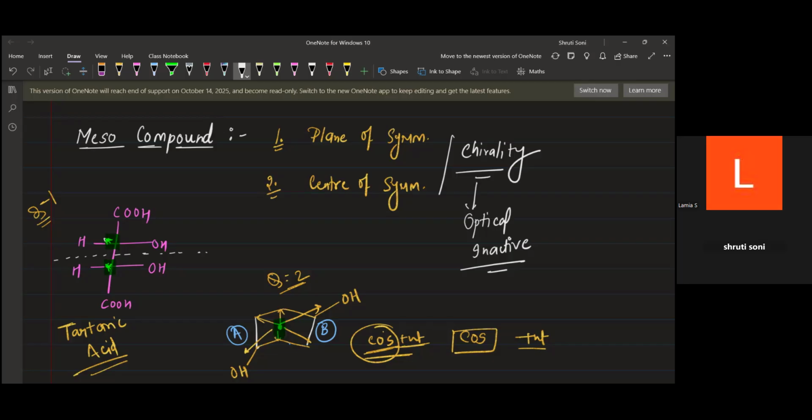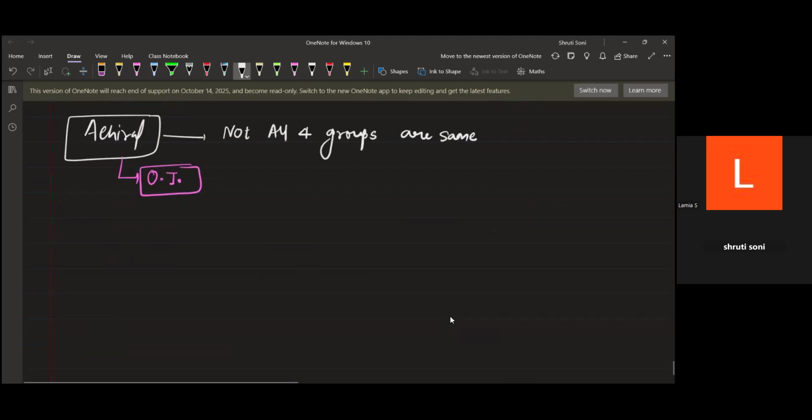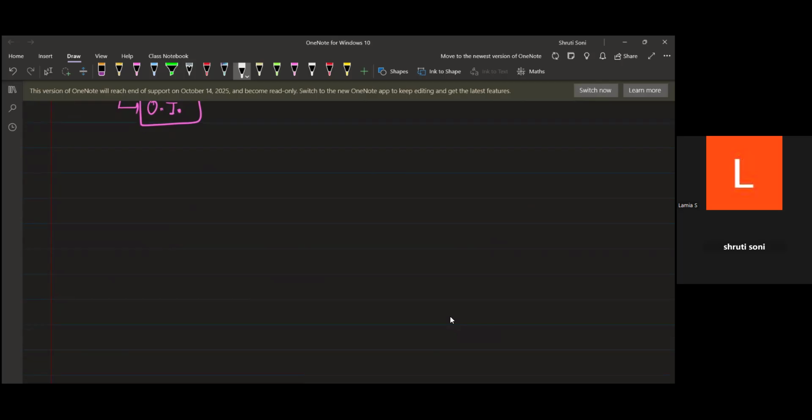But D and L glyceraldehyde. So what is D and L? It differs in, hold on, the H. We talked about this, right? H and OH.